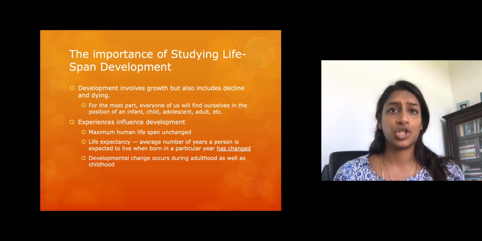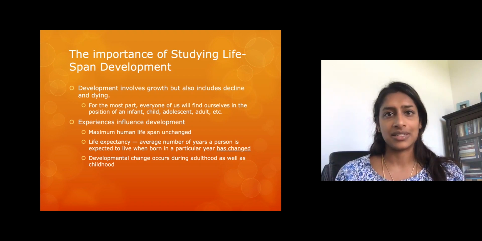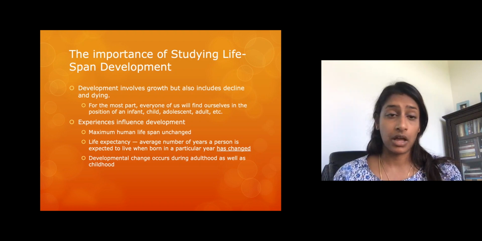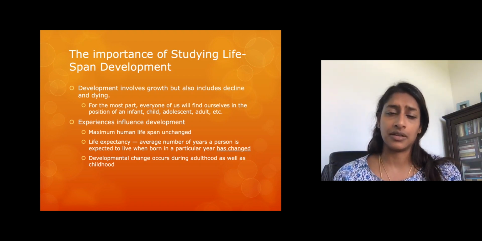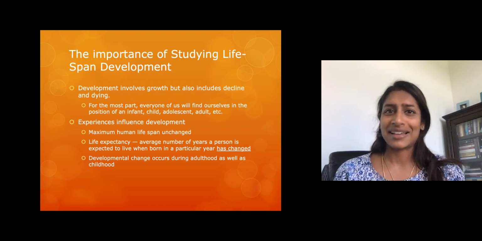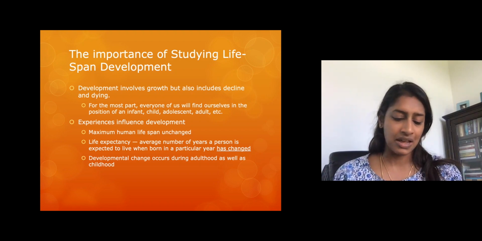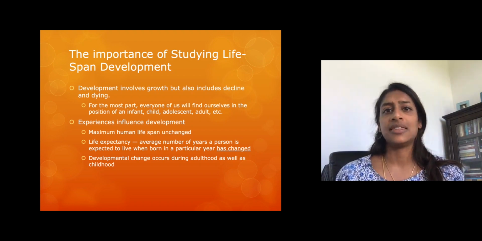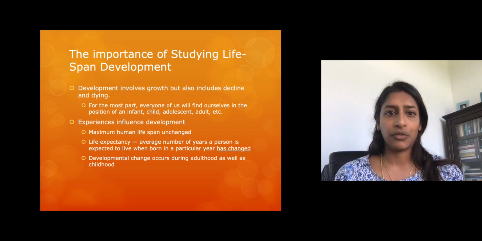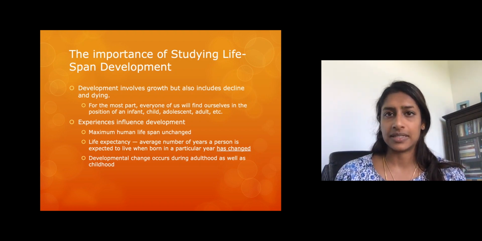But what has changed is our life expectancy, how long we may be alive. And this is due to lots of things, predominantly access to health care, right? Vaccinations, nutritious foods. All of these things influence our life expectancy.